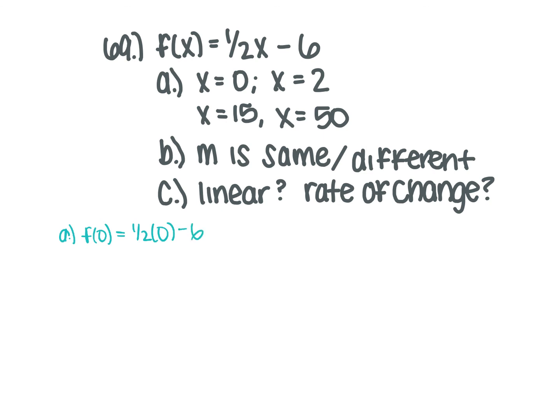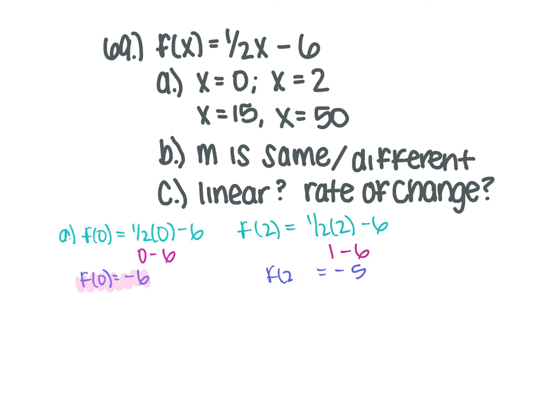The 1/2 times 0 is 0, minus 6 is negative 6. So f of 0 is equal to negative 6. Next, you have to find f of 2. So that's going to be 1/2 times 2 minus 6. The 1/2 times 2 is 1, minus 6 is negative 5. So f of 2 is equal to negative 5.